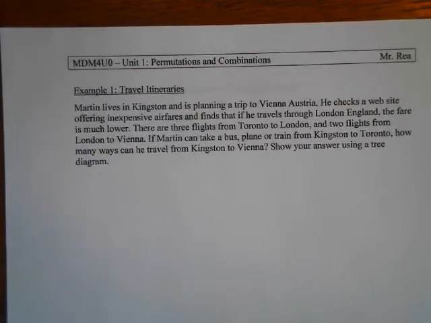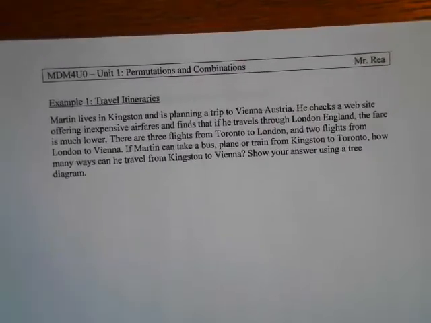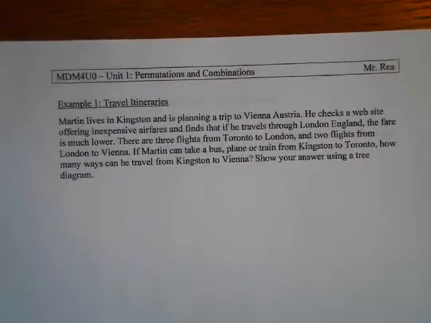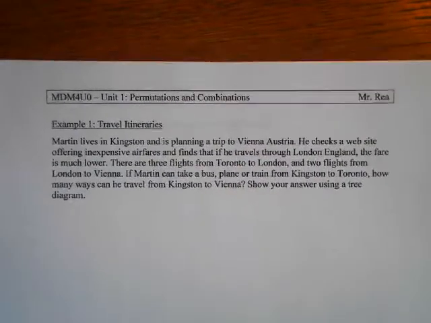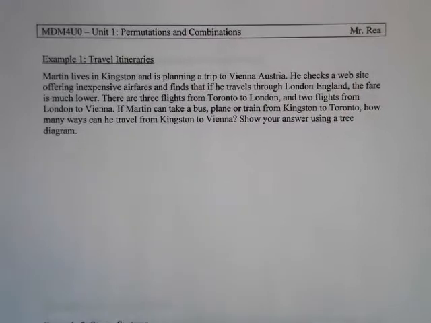Okay, so we're going to do some examples here. These are from the textbook, so feel free to use those examples if you care to. Example 1: Martin lives in Kingston and is planning a trip to Vienna, Austria.